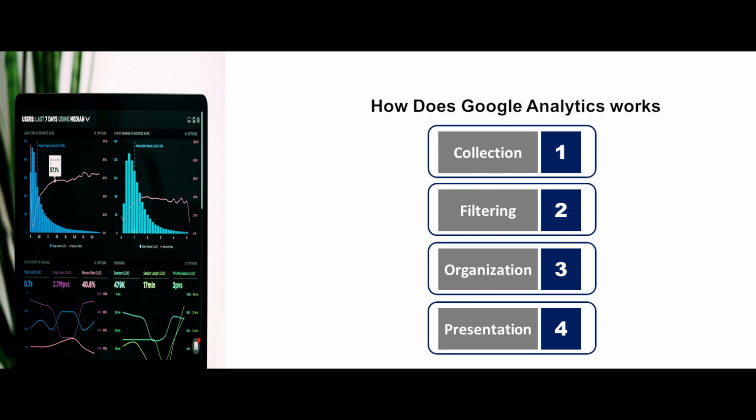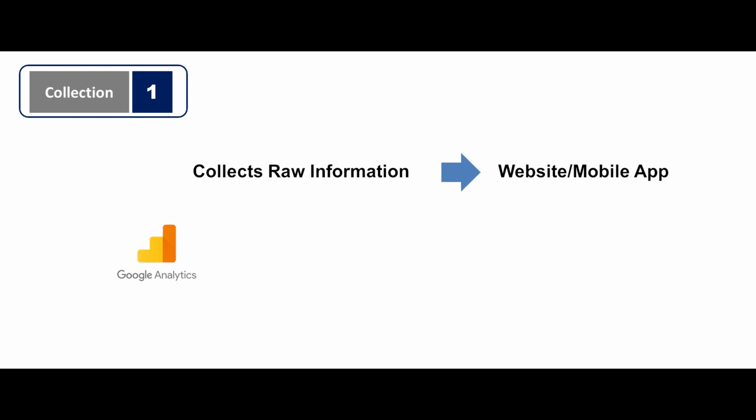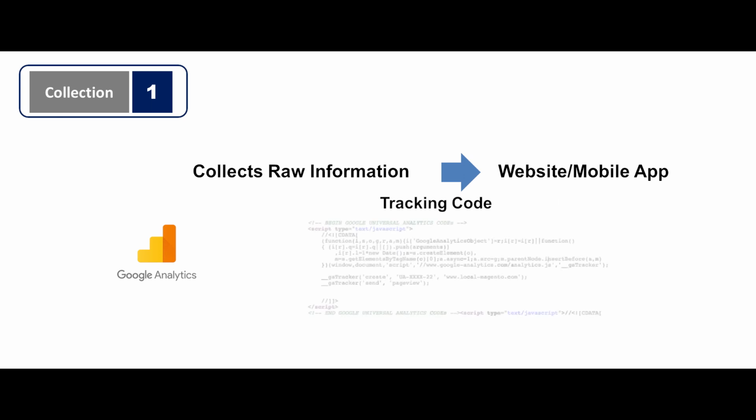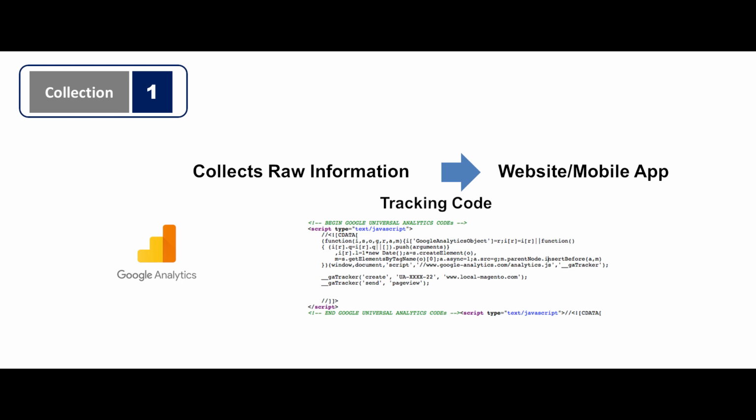In the very first phase, that is collection, Google Analytics collects the raw information from your website or mobile app with the help of the tracking code. A tracking code is a unique code generated by Google Analytics that we have to embed in our website. Once you embed this code in a website, Google Analytics will immediately start collecting the information.